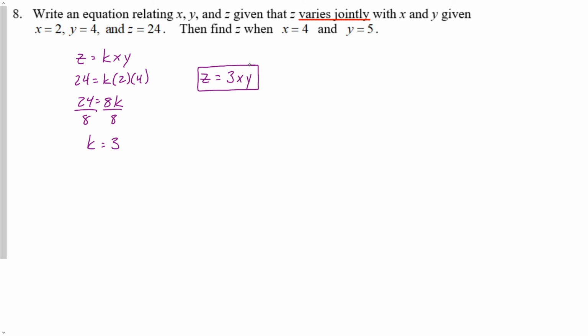Now we have to find z when x equals 4 and y equals 5. So this again is where you use your new specific equation, plug in the values where they belong, and either solve or just simply evaluate, like in this case, multiply those numbers together, and we would find that z is 60.